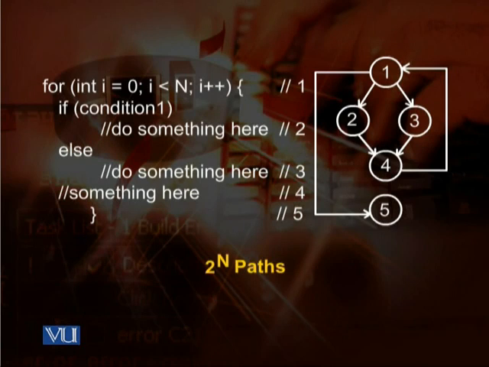Each choice presents a different path depending upon which choice you took. That means for n iterations, there are going to be 2 to the power n different paths. If the value of n is 10, we have 1024 paths, and if n is 20, we have over 1 million paths.